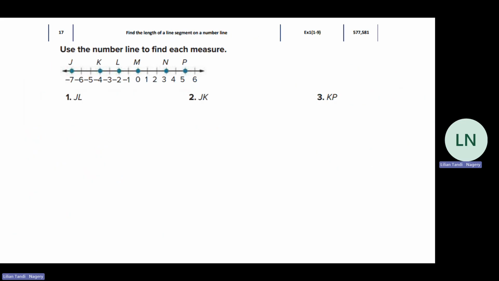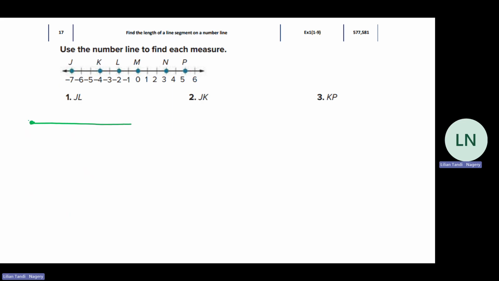Okay. So now we are here. The question is asking us to use the number line. What are you using the number line for? To find the distance. To find the distance from where? From J to L. So I'm going to do it two different ways. Okay, J is over here.